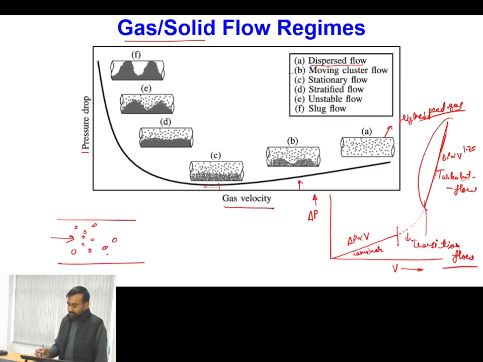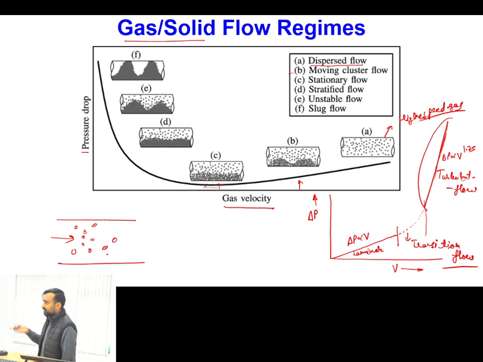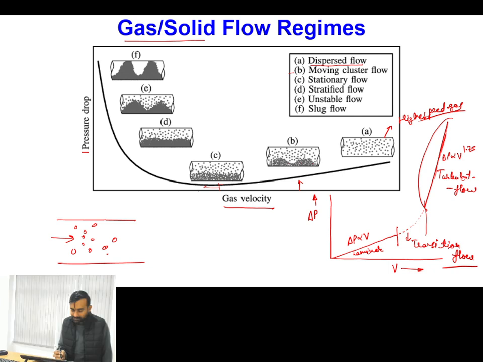On the contrary, in single phase flow, when you further decrease the velocity, ultimately your flow enters the laminar flow regime and your pressure drop linearly decreases. But here the situation is different. Why so?